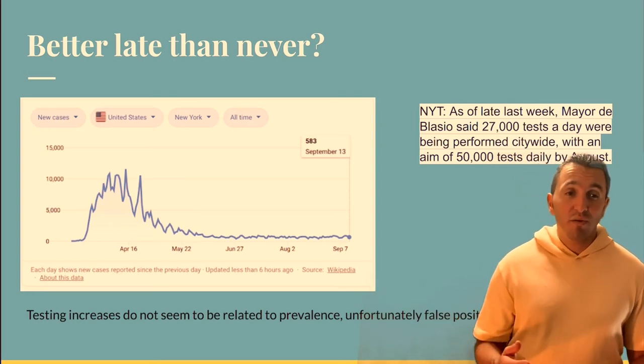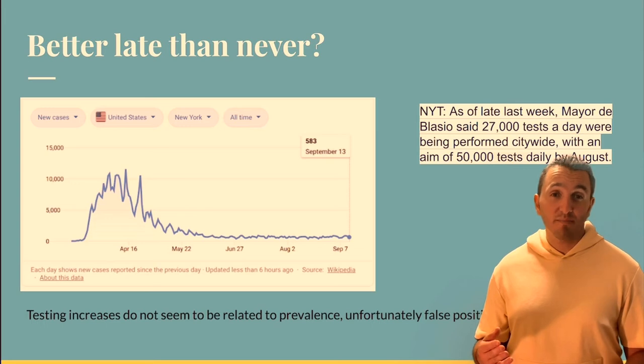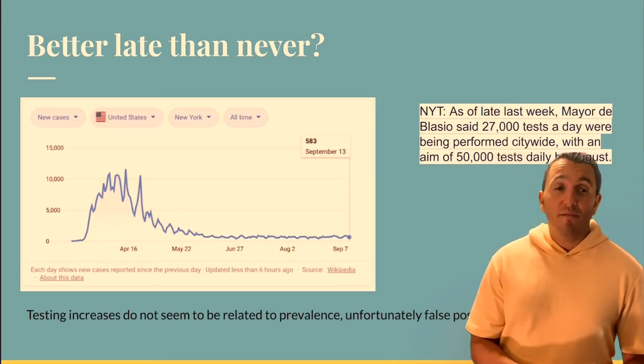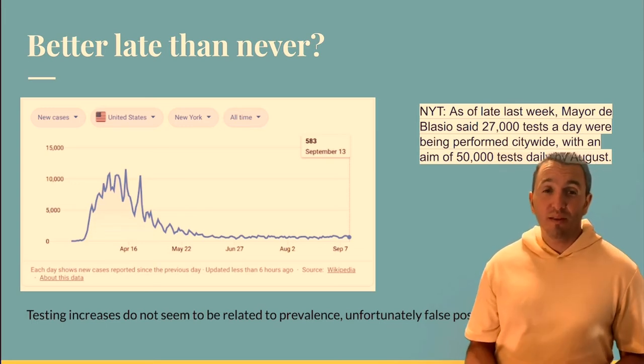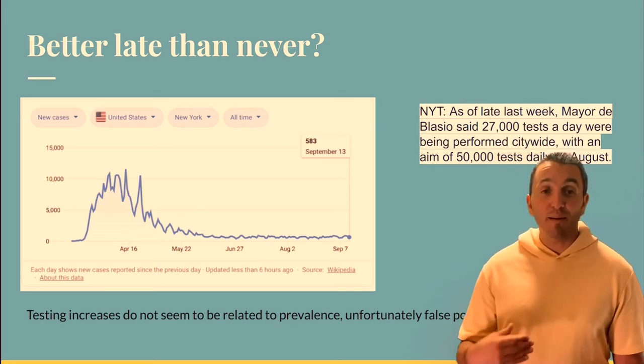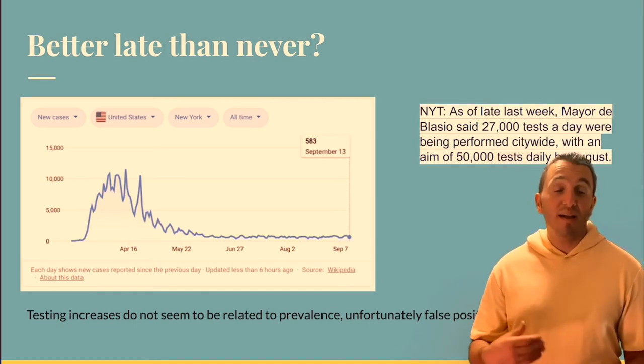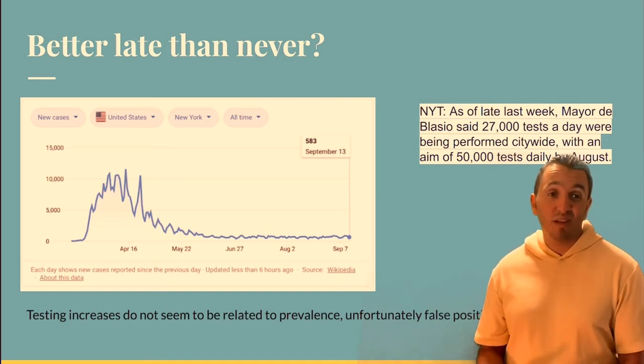By June, we hit this milestone in New York City of over 2,500 tests being performed a day. Unfortunately, by June the prevalence has dropped vastly since April. So we're now testing new highs of people, but the prevalence is much lower.